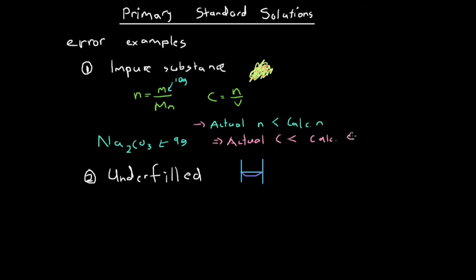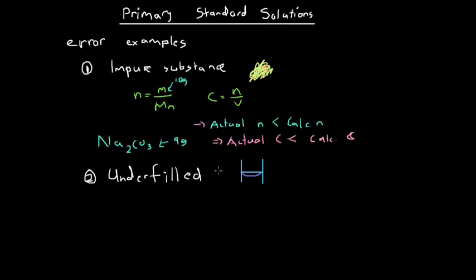Because of these impurities, we actually have 9 grams when we thought we had 10 grams. You can almost logically skip this process and think, we thought we had 10 grams in the solution, we only had 9, and therefore the concentration is actually lower than what we calculated.